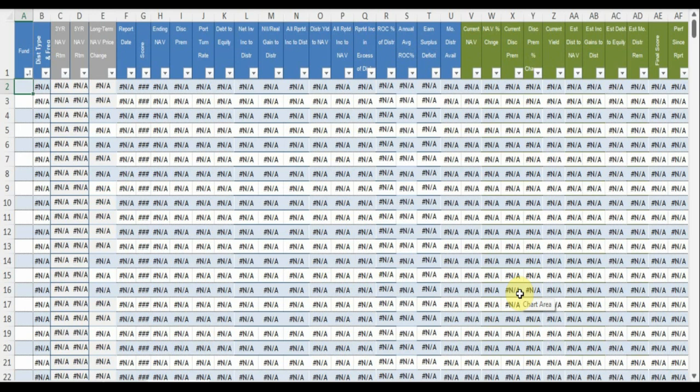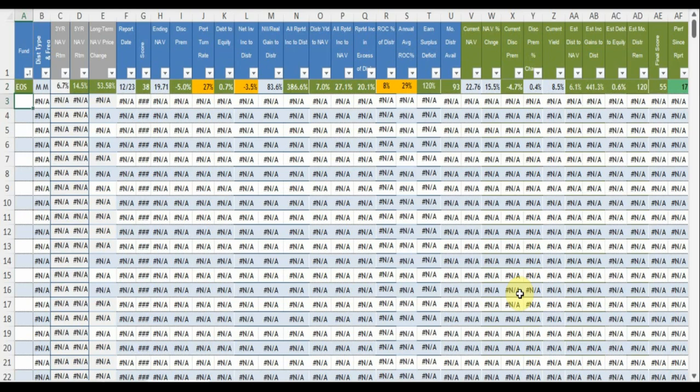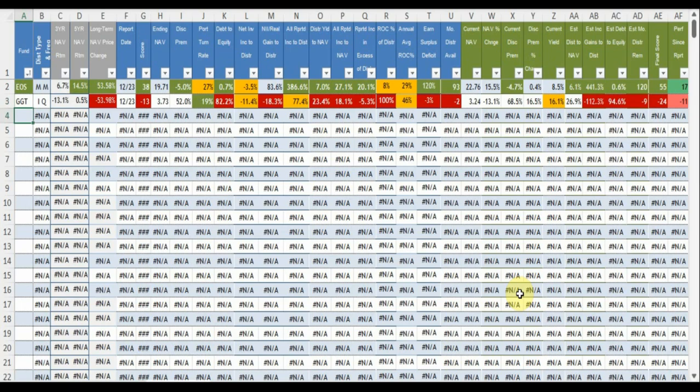the fund comparison tool alongside CLM and CRF to give you some perspective of a fund's overall health when compared to other funds. EOS. This is an example of a healthy fund, and it is currently a CEF Mastery qualifying fund. Next is GGT, which is not as healthy as EOS and is not a CEF Mastery qualifying fund.